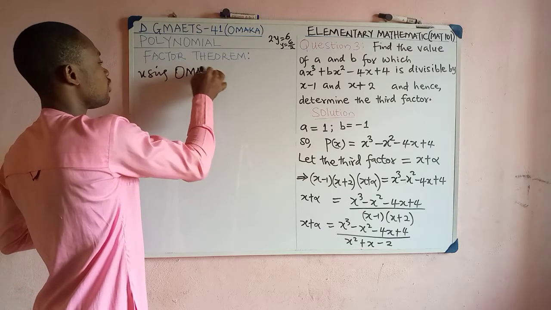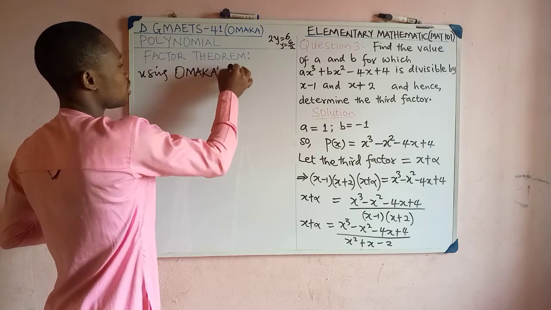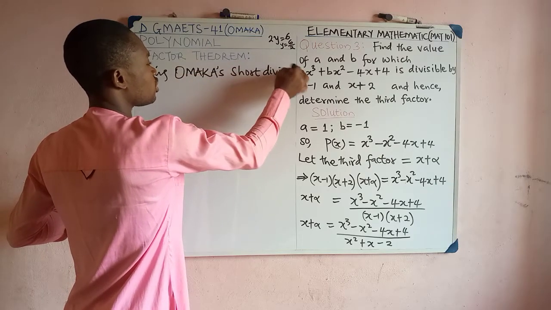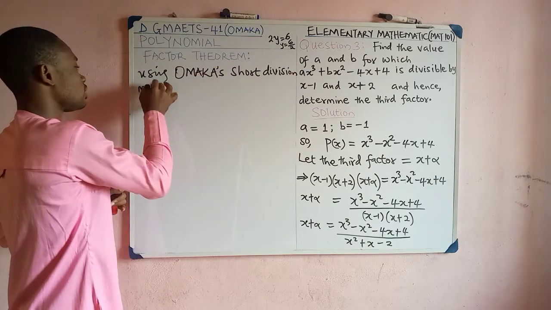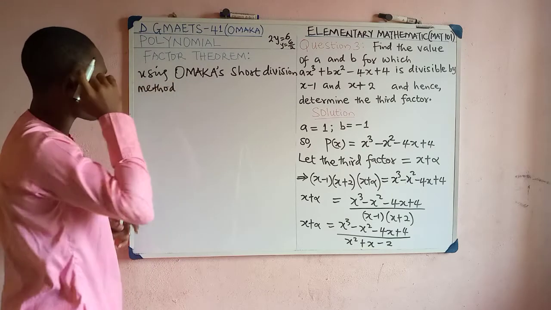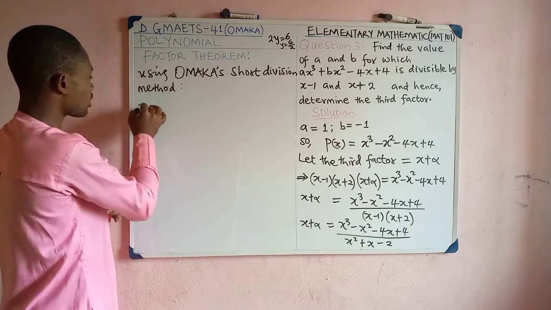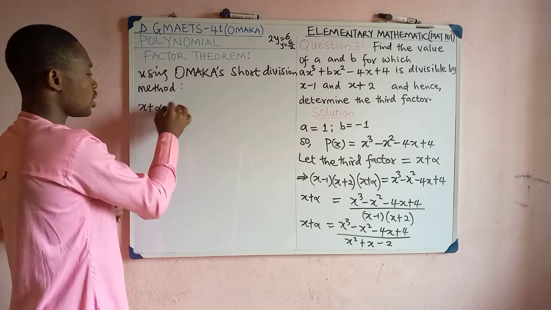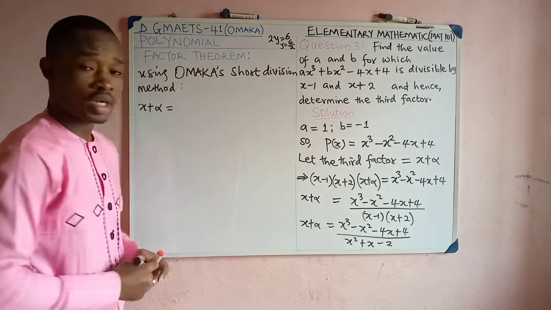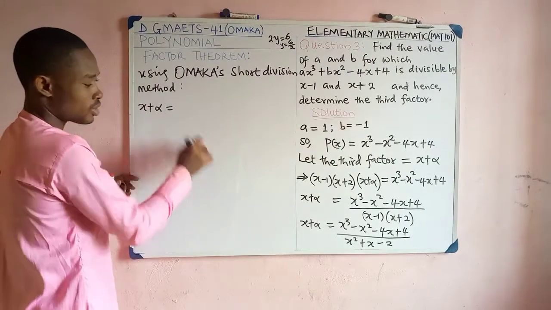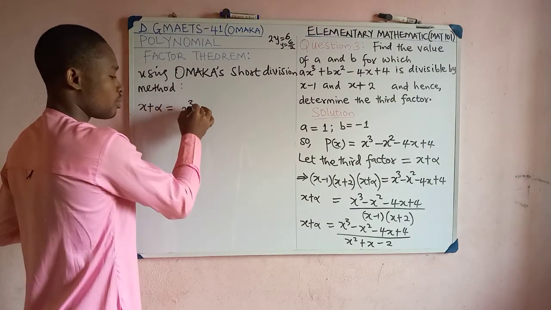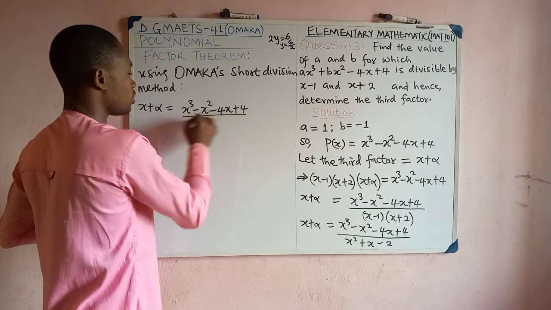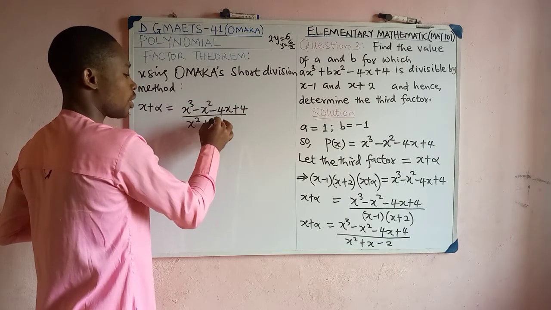So let us move on using Omaker's short division method. Let us see what this is going to give to us. So x plus alpha will now be equal to, are you ready? So we have x cubed minus x squared minus 4x plus 4 divided by x squared plus x minus 2.